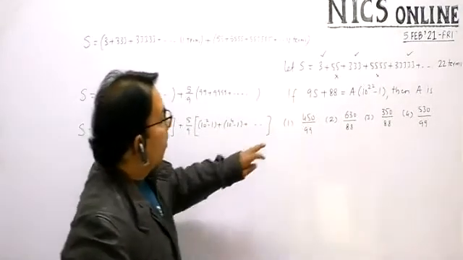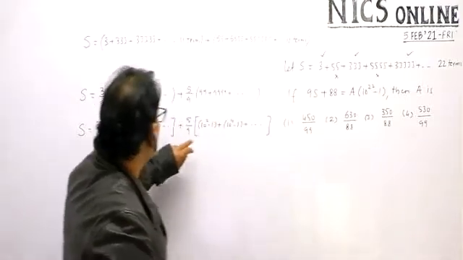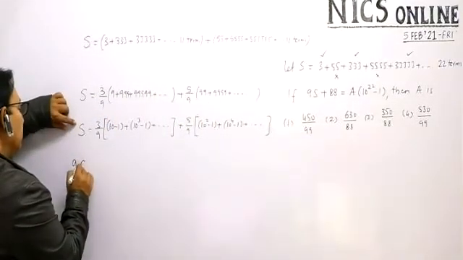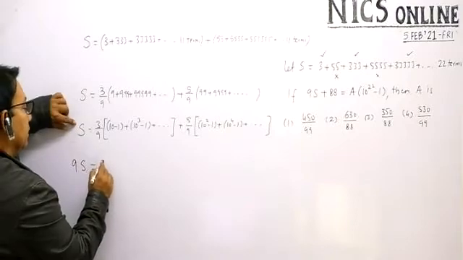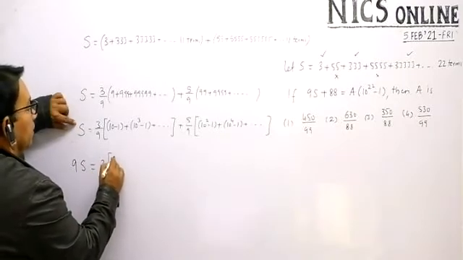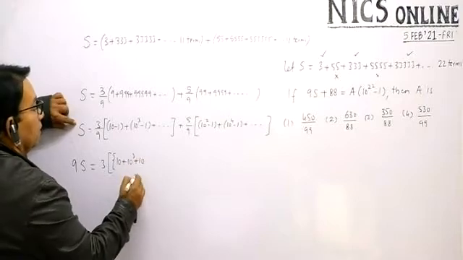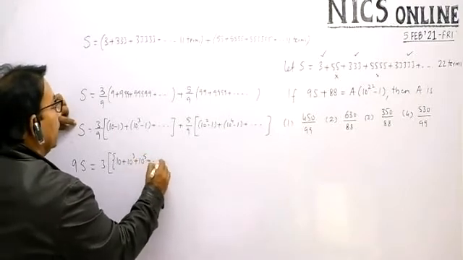क्वेश्चन में जरा देखो, हमें 9s फाइंड करना है, तो दिस 9 आई कैन क्रॉस मल्टीप्लाई पूरी इक्वेशन को 9 से मल्टीप्लाई कर देते हैं. It would be 9s, and here will be the sequence 10, 10 cube, 10 to the power 5, 11 terms.